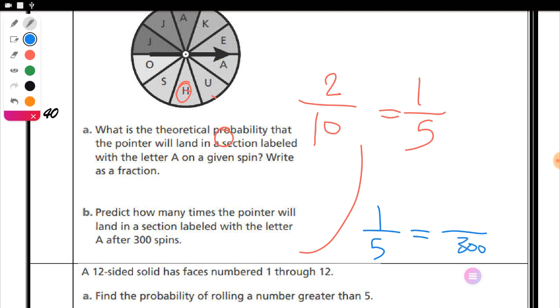I don't know exactly. 300 is too large a number. Can we calculate it in our class? Theoretically, yes. Put x here. So x equals 300 divided by 5, which equals 60 times. Okay. Next.